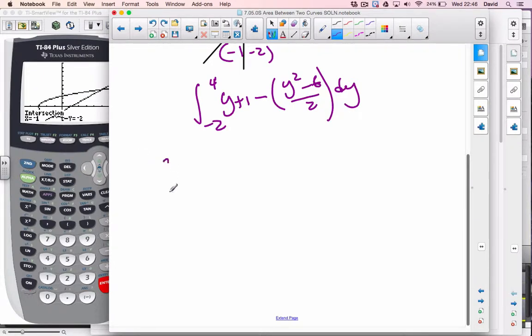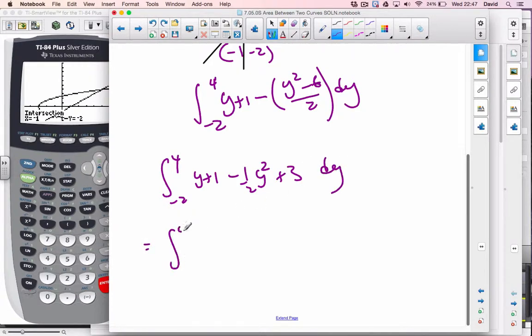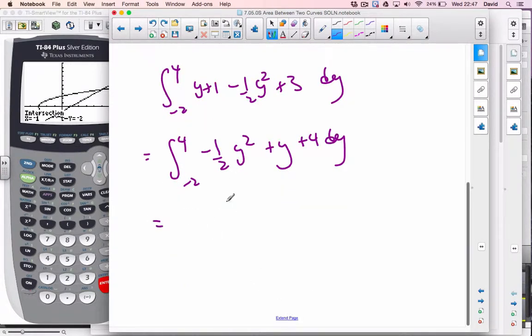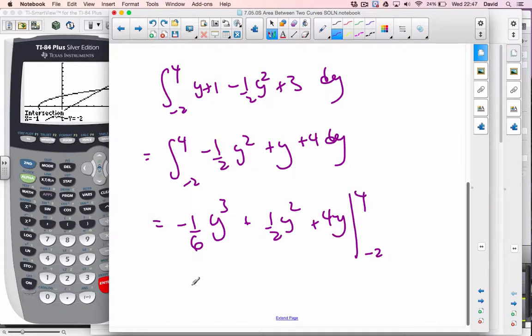I know before I do it, I'm going to simplify: minus 1/2 y squared plus 3, dy, from -2 to 4. Just rearranging it and collecting like terms, I get plus 4, dy, and now I can start to integrate: minus 1/6 y cubed plus 1/2 y squared plus 4y, from -2 to 4.